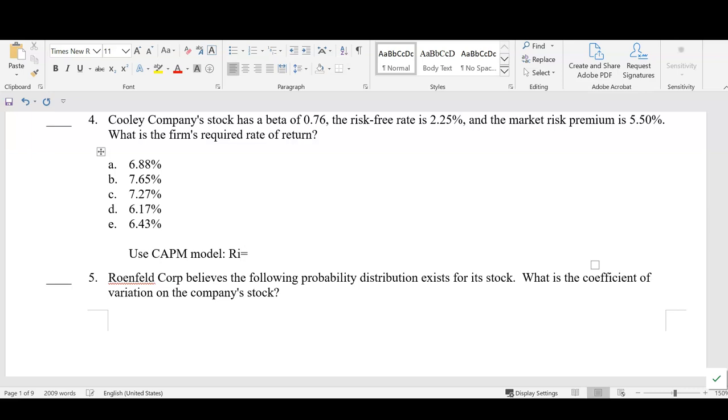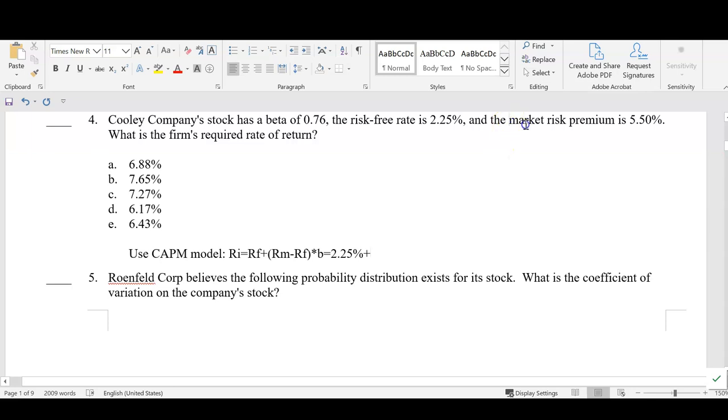RI, the return of the stock I, equals RF, the risk-free rate, plus RM, market return, minus RF, risk-free rate, multiplied by beta. Here we know beta is 0.76, risk-free rate is 2.25%, plus we're given that the market risk premium is 5.5%.